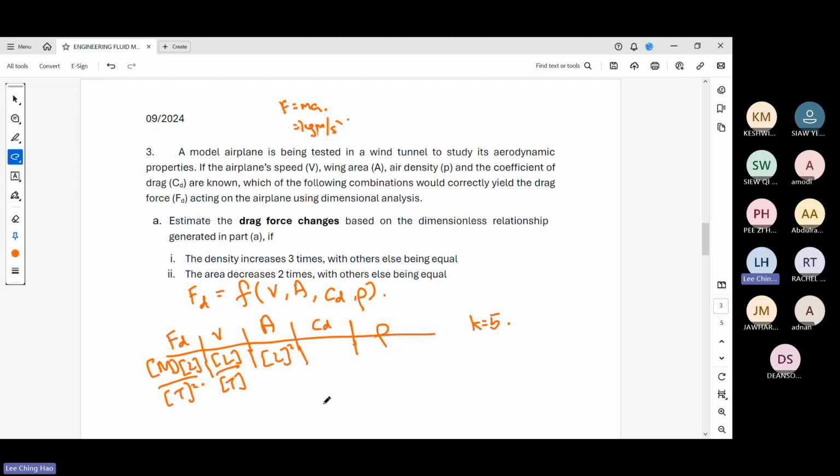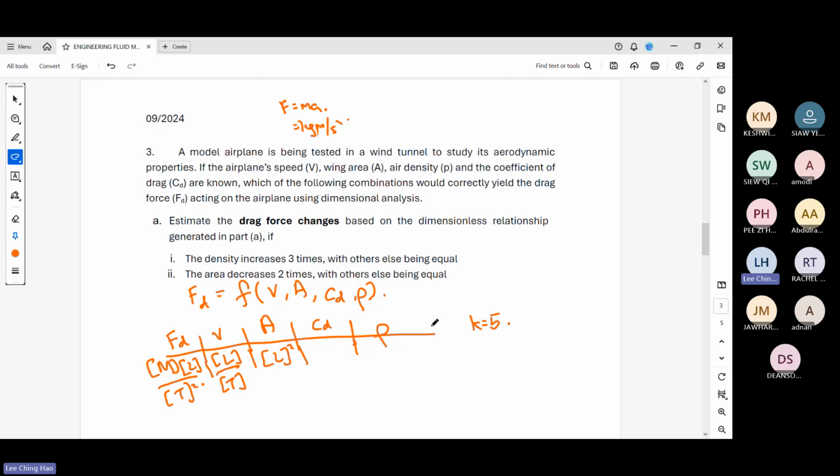Coefficient, so what is coefficient? Coefficient normally is a value, that's why it's called coefficient. For example, the coefficient of friction is a value, so normally it doesn't have any unit.